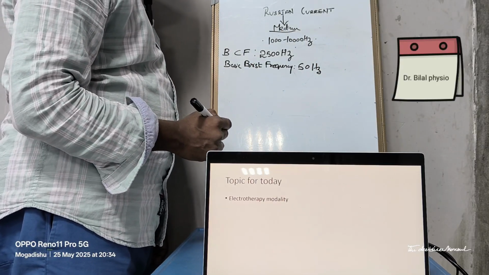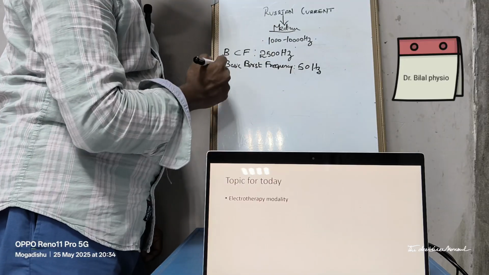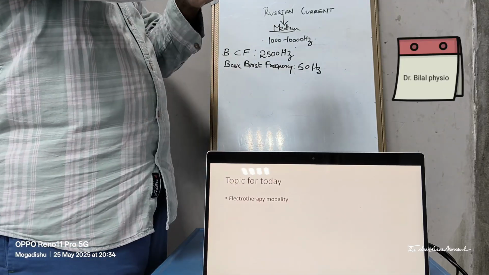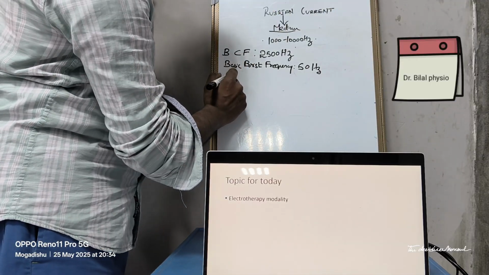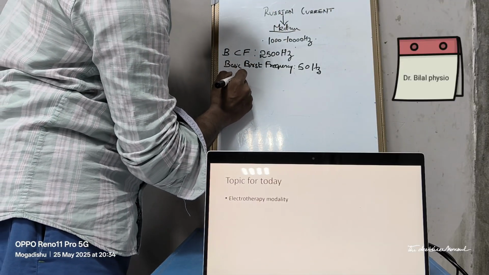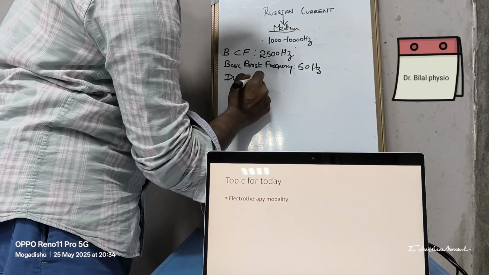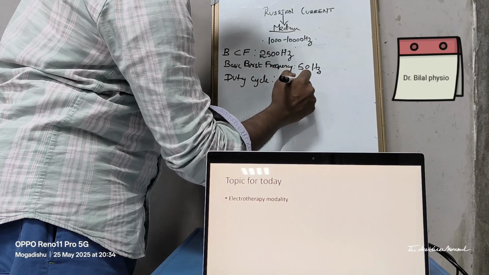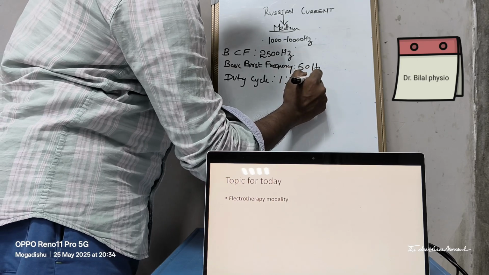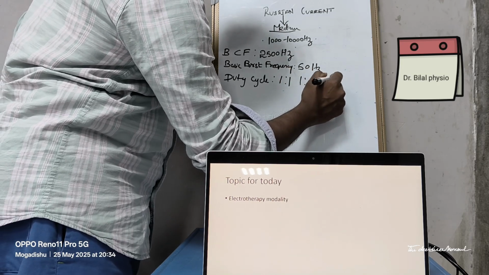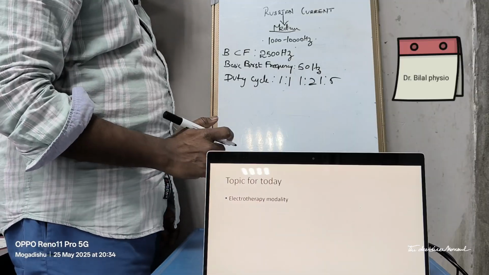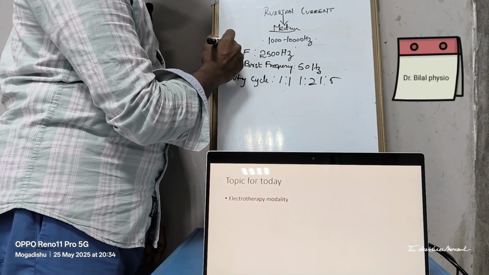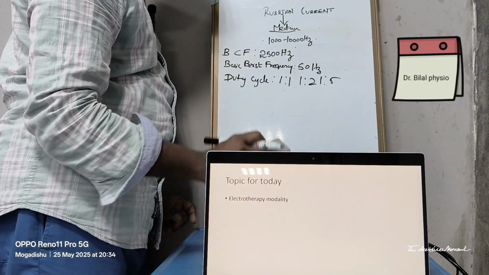This is applied to the patient with a duty cycle that varies according to the condition. The duty cycle may be in a ratio of 1:1 or 1:2 or 1:5, like this the ratio will vary. So these are some of the characteristics of the Russian current.